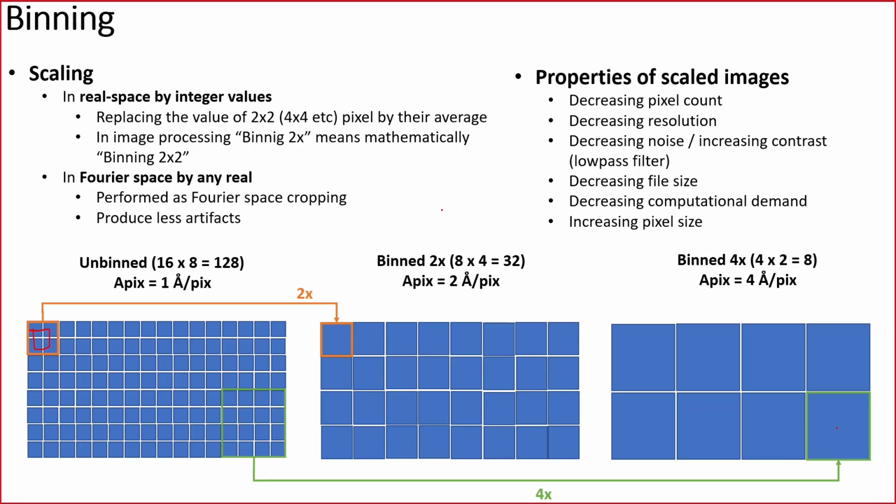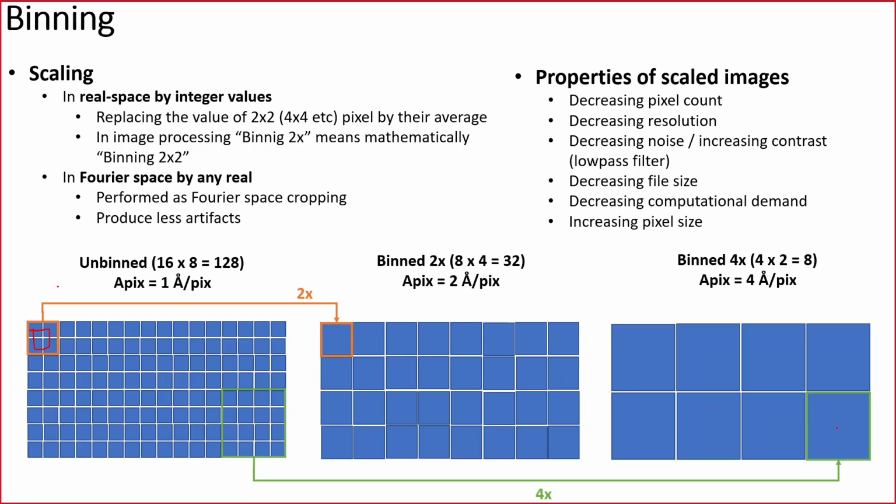Meanwhile, the properties of scaled or binned images is that we are decreasing the pixel count. Also, we are decreasing the possible achievable resolution because we are decreasing the Nyquist frequency, because by decreasing the amount of pixels, we are increasing the pixel size.